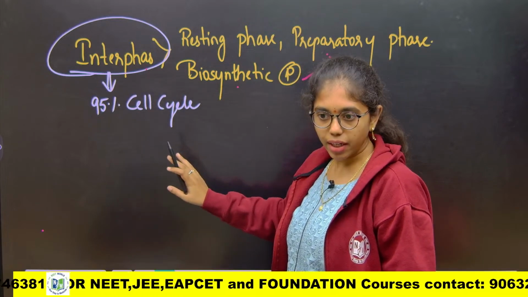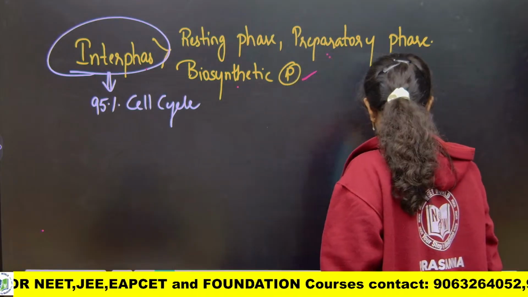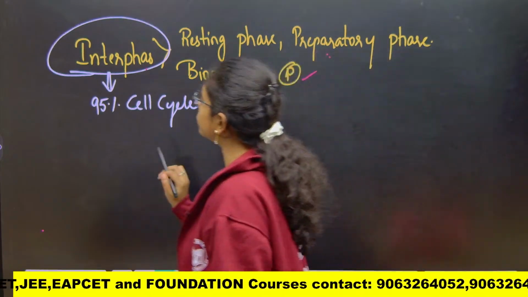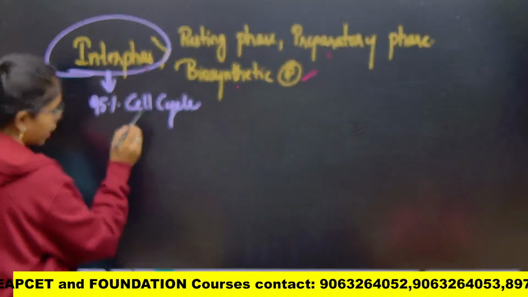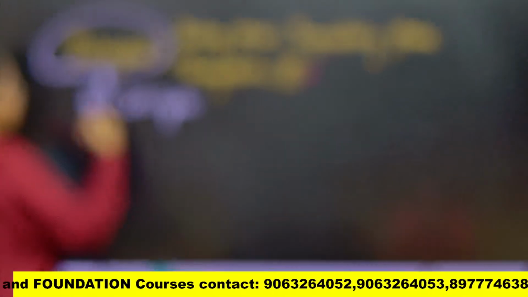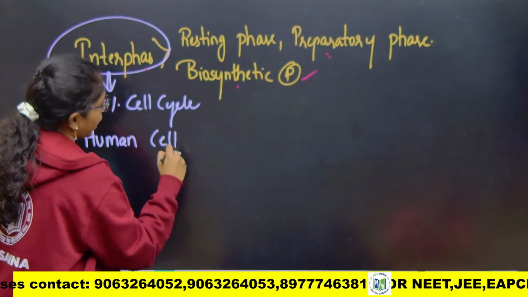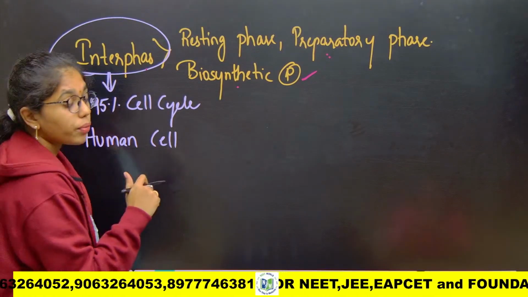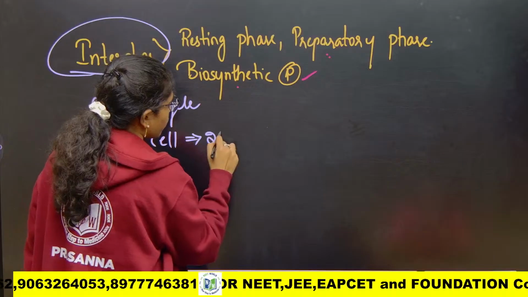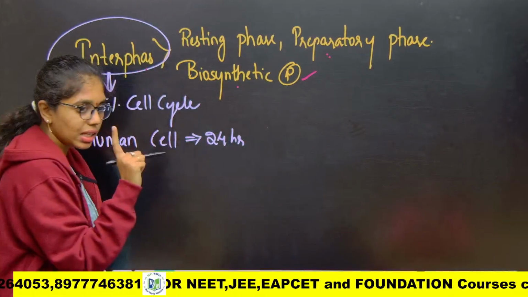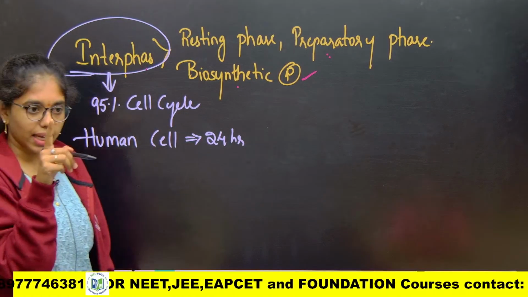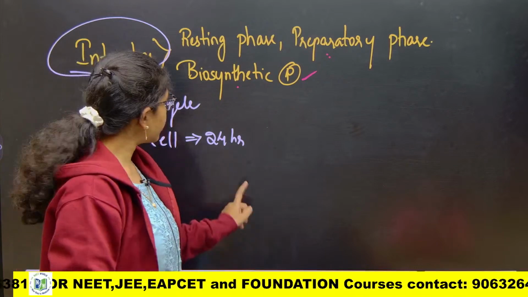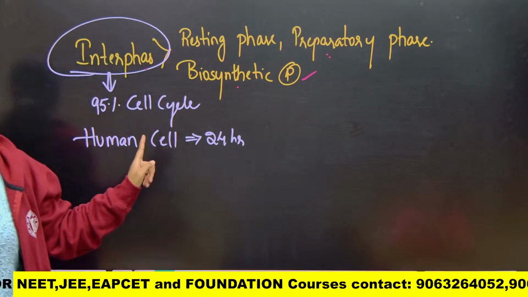Clear till here, right? Now, as it is 95% of the cell cycle, let us see in different cells. For human cell, the complete time of the cell cycle will be 24 hours. One cell to complete its complete cell cycle, that is interphase and M phase, will take 24 hours.